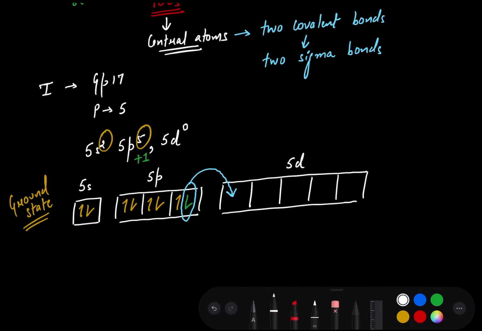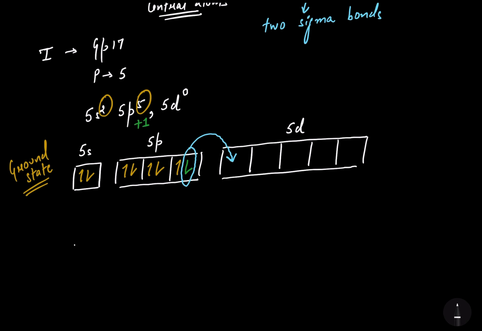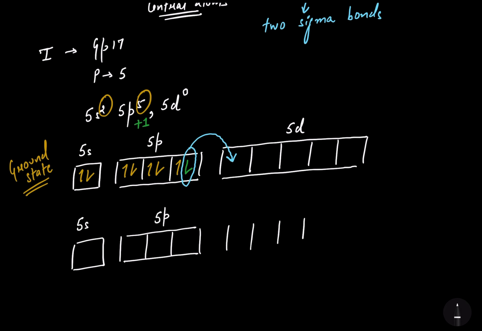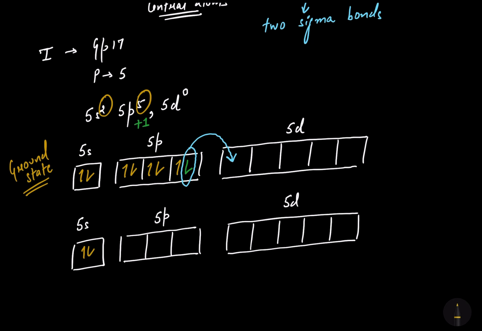So let's make the orbital diagram again. That's 5s, that's 5p, and these are the 5 degenerate orbitals of 5d. Let's redistribute the electrons. The 5s was having 2 electrons.